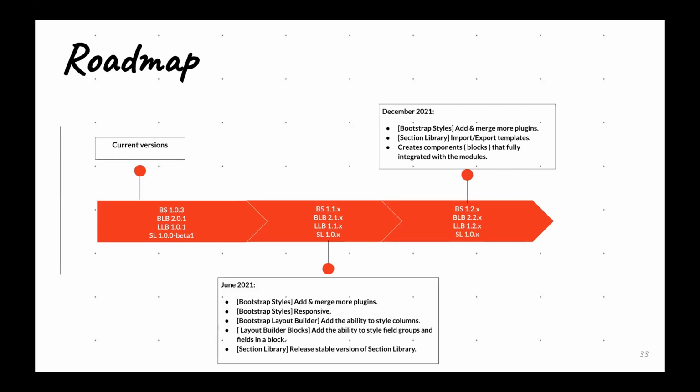But we have regions, we have columns. So we need to add the ability to style the columns or the regions, if we like to use Layout Builder terminology. Layout Builder blocks, the same stuff. Right now we assign the classes to the wrapper.